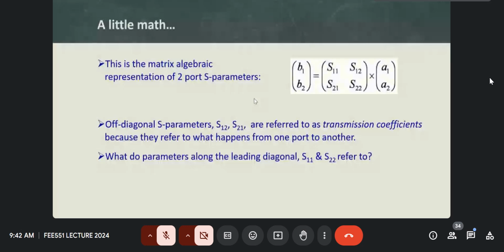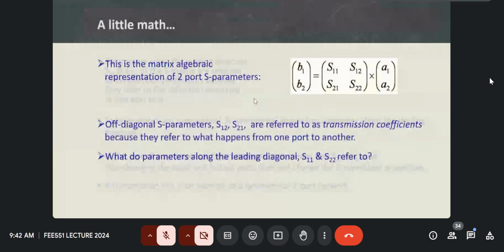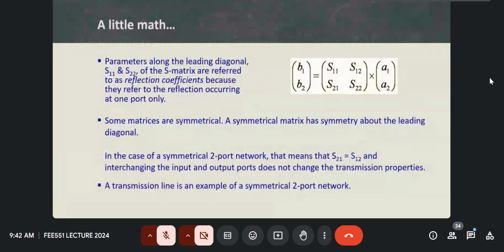George Mwangi: Those are self-reflections on the port they refer to. Yeah, thank you, yes. They are the reflection coefficients. They refer exactly to what George has said.